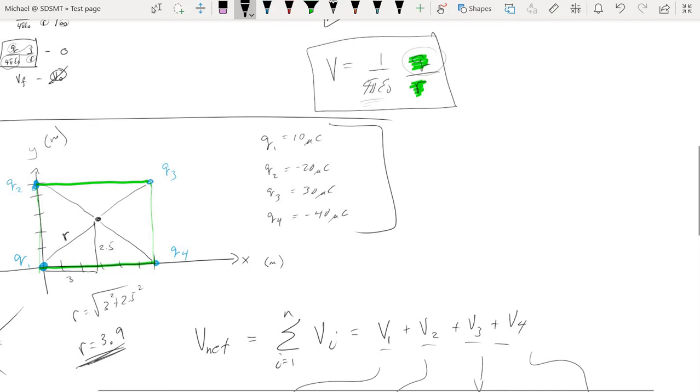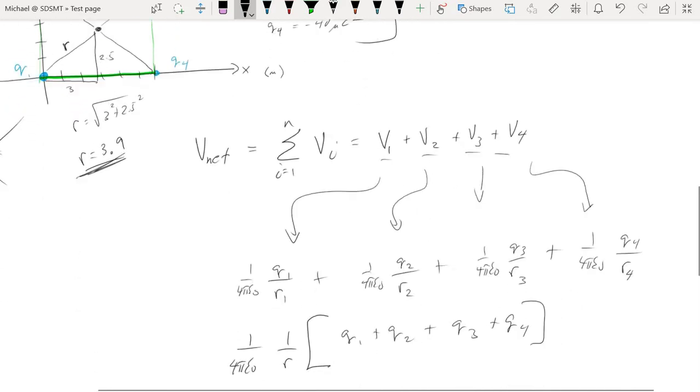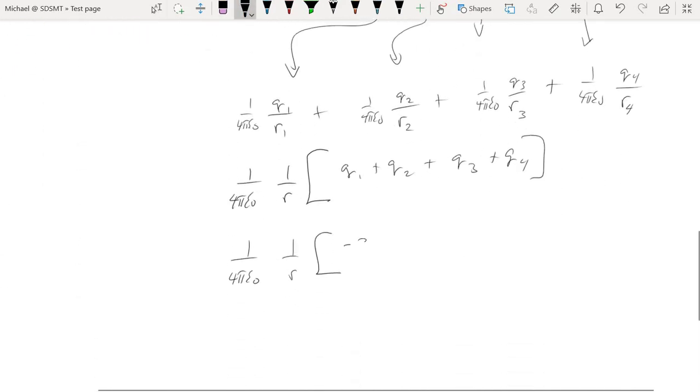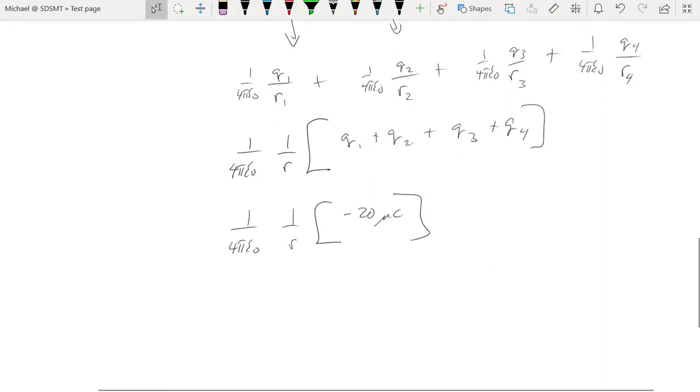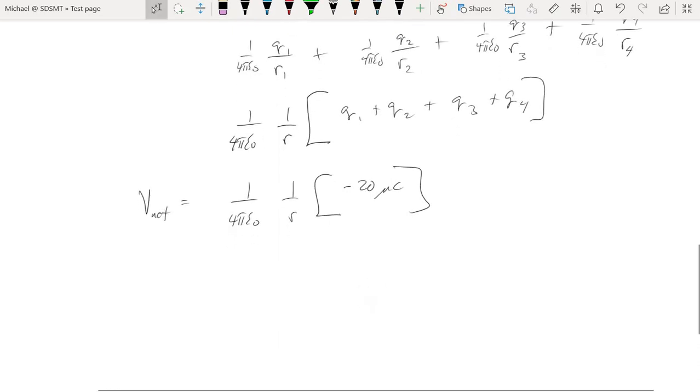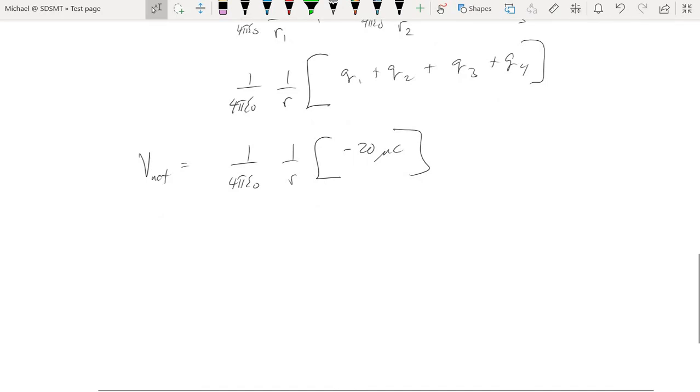So we've got a positive 40 and a negative 60, so there's a net charge of negative 20 microcoulombs for the entire system. So this is the net potential at the center of that rectangular distribution of charge.